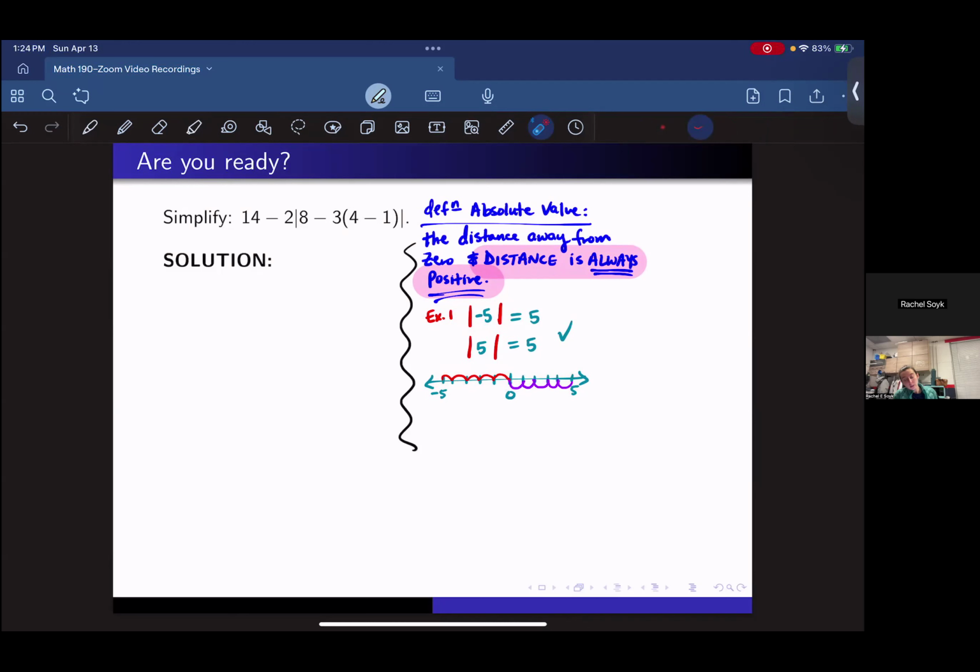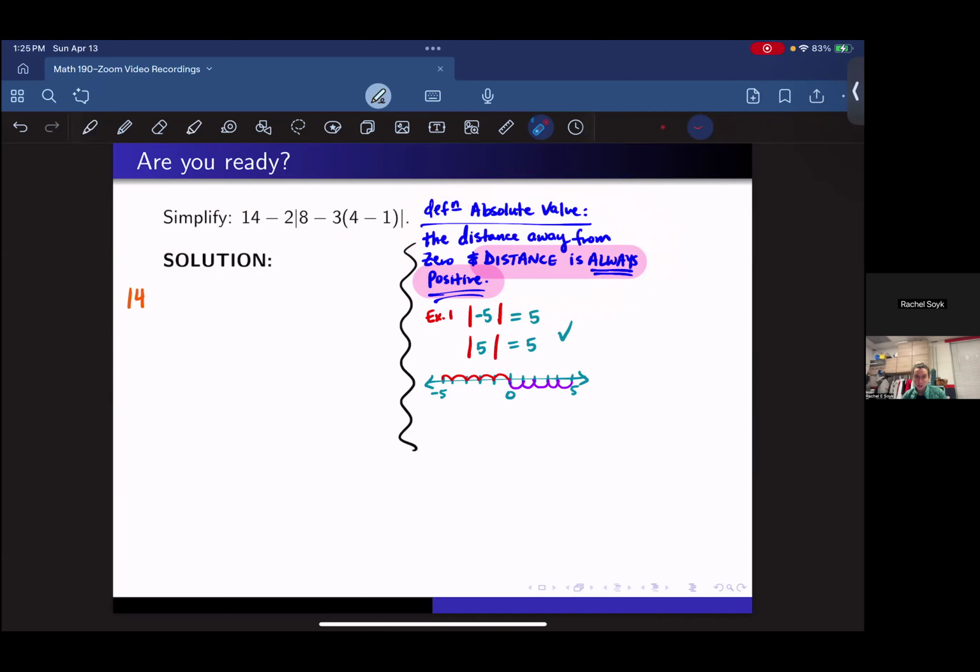Okay, so now knowing this, let's just jump into our PEMDAS. Another thing that you should note is that even though absolute value has that definition attached to it, it is also representing a grouping of numbers or a grouping of expressions.